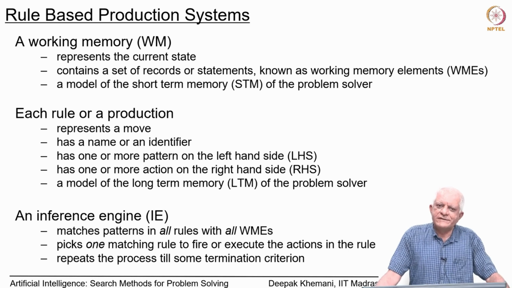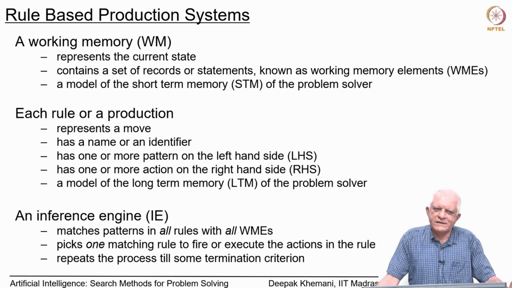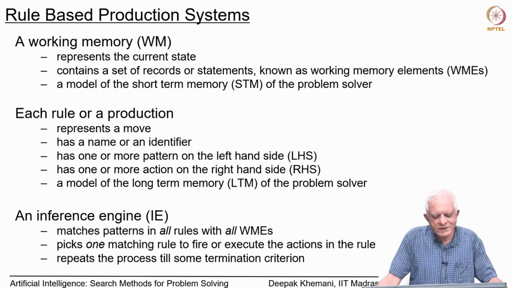So, welcome back. We have just started looking at rule based expert systems or rule based production systems, whatever you want to call them, and we have seen that such a system is made up of three components. One is the working memory, which contains the data related to the particular problem that is being solved.